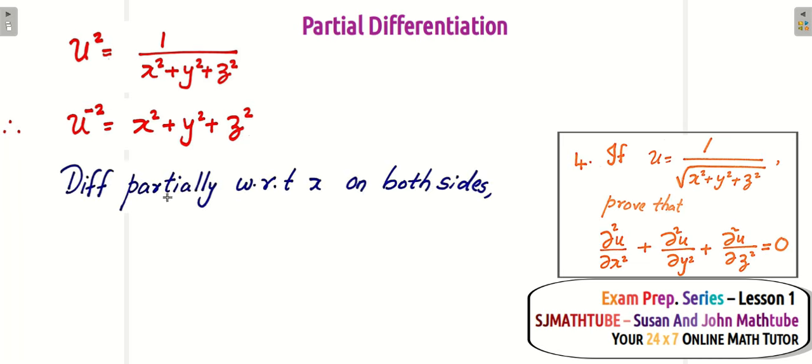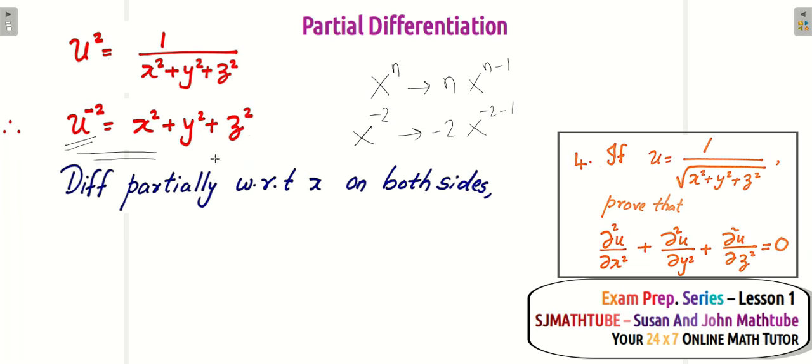So now let's differentiate partially with respect to x, and when you do that, never forget u is a dependent variable, and the derivative of x to the power n is n x to the power n minus 1. So when you differentiate x to the power minus 2, you're going to get minus 2 x to the power minus 2 minus 1.